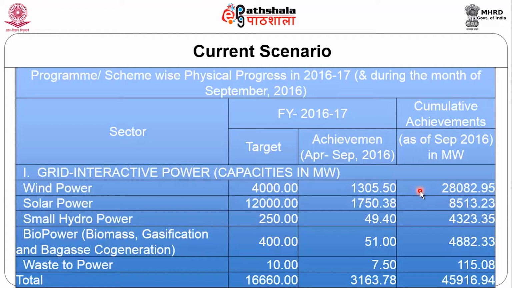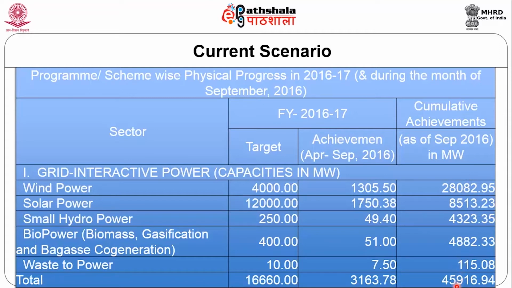Number 1 is China, followed by US, Germany and India. So, India has installed 28,000 plus megawatt capacity, and among renewables it plays a vital role.